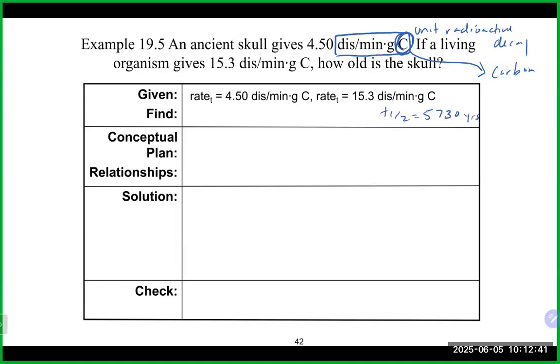If a living organism gives 15.3 disintegrations per minute per gram of carbon, how old is the skull? So once you give it a go, again, as I mentioned before, you can use in these A and A naught grams like we did in the previous one, molarity, and you could also use the rate of radioactive decay.